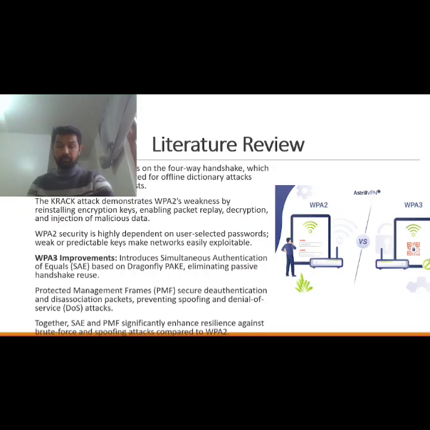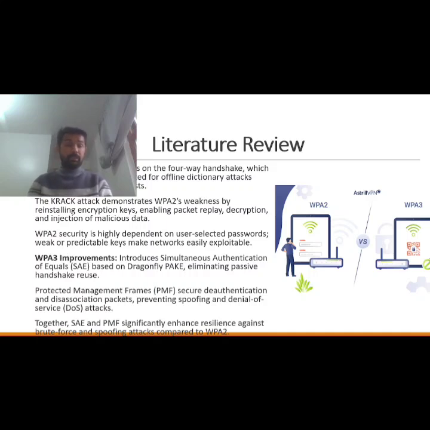Literature review. WPA2 is highly vulnerable to offline dictionary attack and cracking. The main vulnerability in WPA2 is that it does not protect our network from offline dictionary attacks, making it unreliable in today's environment.